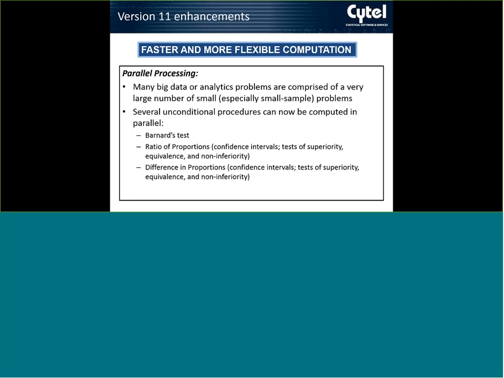It's been applied to several unconditional procedures that, as I said before, are very computationally intensive. So to be able to compute these procedures in parallel is very useful where parallel processing is available. The other enhancement, as I mentioned before, is that R functions can now be used in the StatXact environment.